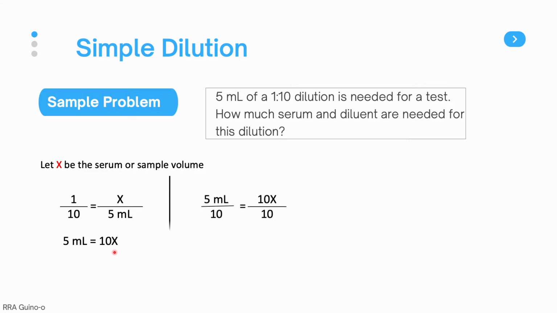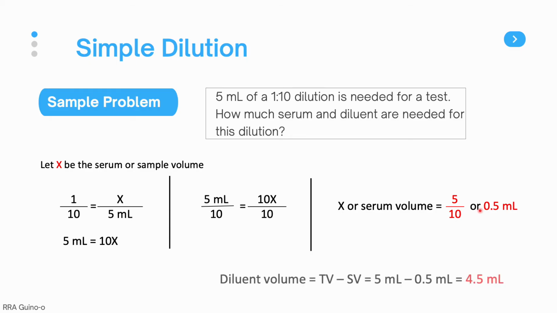Then we cancel out the 10 by dividing the whole thing by 10. And this leaves us with X, or serum volume, is equal to 5 over 10. And if we solve for that, that gives us 0.5 ml. This is our serum or sample volume.